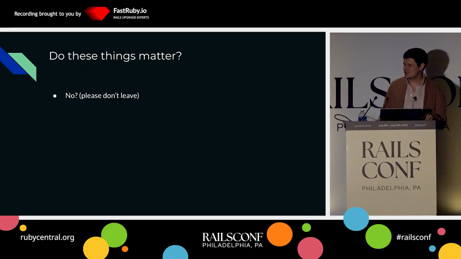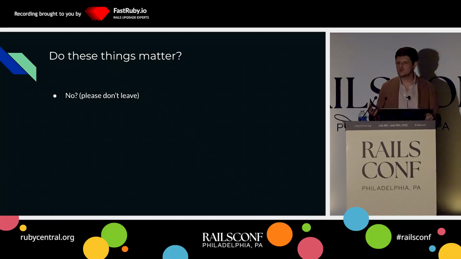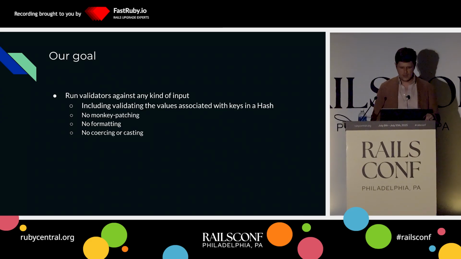And so in this talk, we are going to assume that these things are at least worth considering and worth investigating. And so our goal by the end of this talk is to have a validator class that can run Rails validators against any kind of input, whether it's a hash, whether it's a model. We're going to do this without any monkey patching, without any kind of typecasting or coercion.